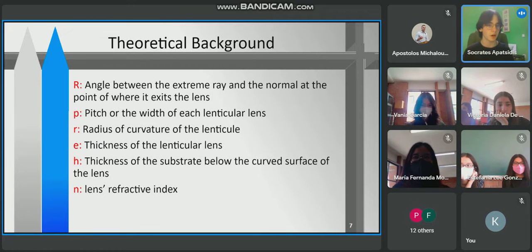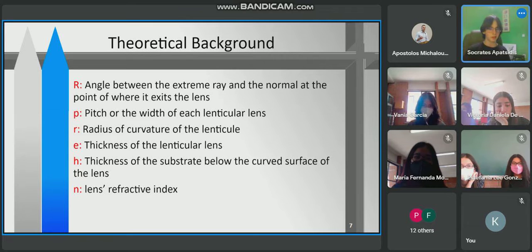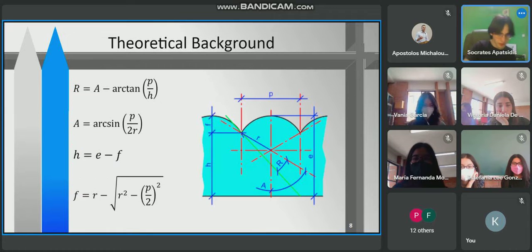R stands for the radius of curvature of its lenticule, E is the thickness of the whole lenticular lens, and H is the thickness of just the substrate, which is below the curved surface of the lens. And we also have N, which is the refractive index of the lens. Here in this image, you can take a better look at what this really means.